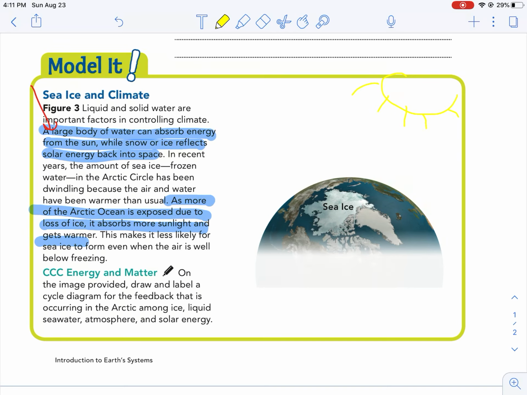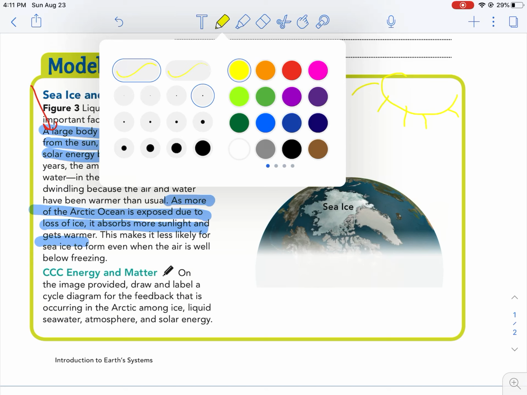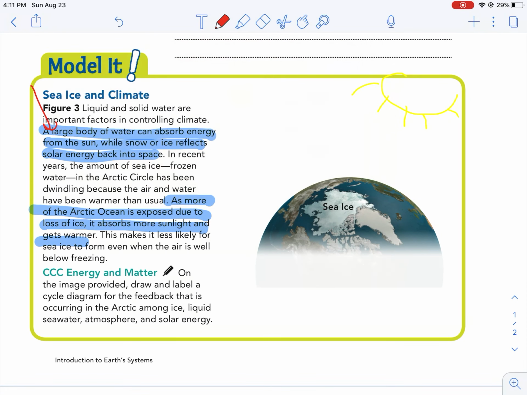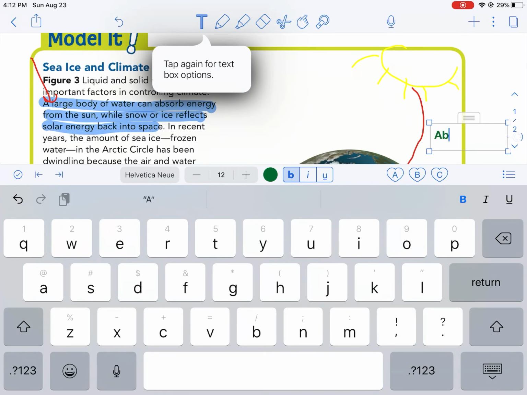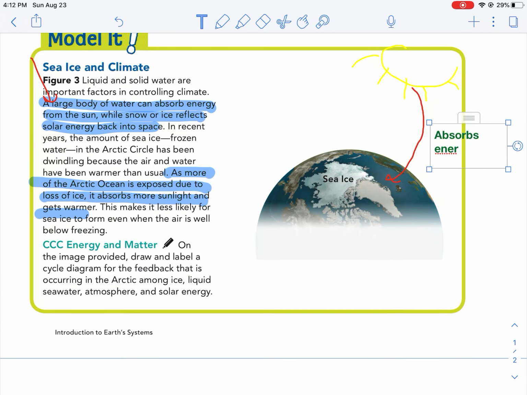Okay, and it says a large body of water can absorb that energy from the sun. So I'm going to just put maybe a red arrow, and I'm going to draw an arrow that kind of goes like this. And then I'm going to just label this with absorbs energy.